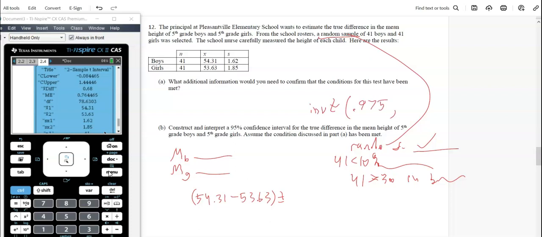It looks like the degrees of freedom is 40. Definitely write that down somewhere. Degrees of freedom equals 40. So we get a t value when you type that in your calculator. You get, I think, 2.021 times the square root of 1.62 squared over 41 plus 1.85 squared over 41.